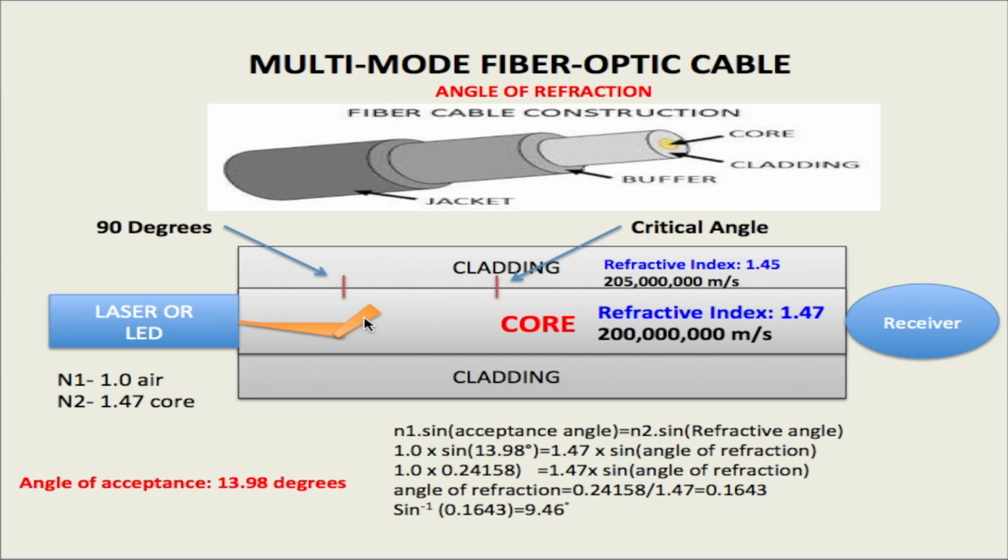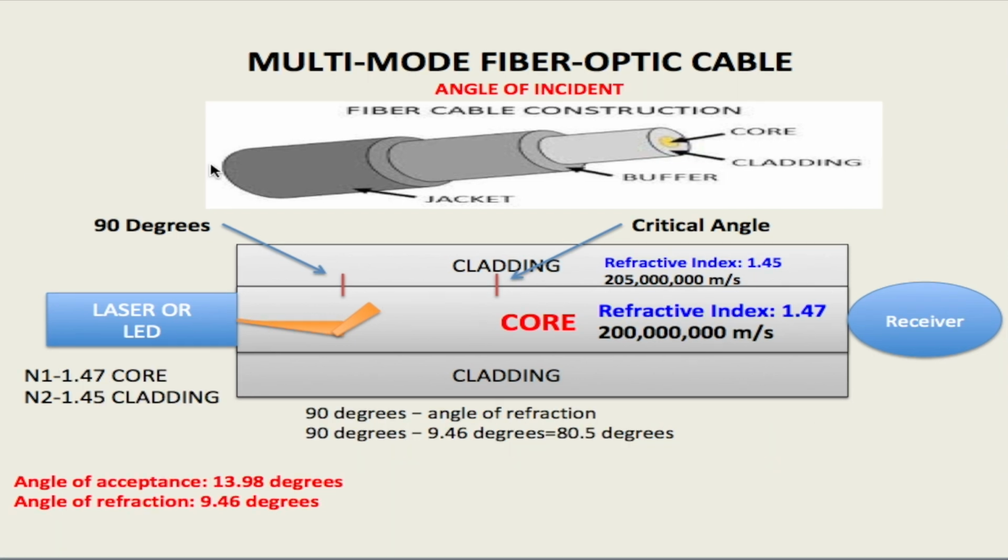So the next angle that we have to figure out is the angle of incident, where this light is going to be hitting the cladding. Now we're going to be working on the angle of incident. The angle of incident, as I said before, is the angle that the light hits the cladding at.